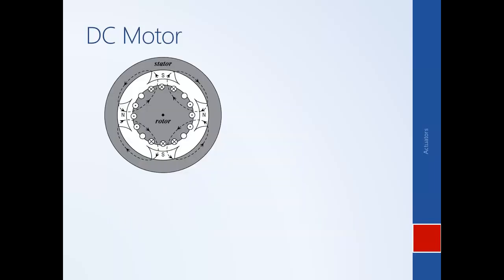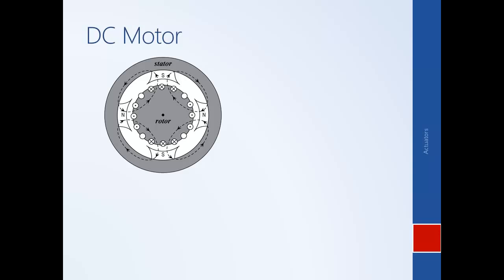So in the previous example, we had a very simple schematic of a DC motor, just to try and give you a sense of the underlying physical principles that make the DC motor work. This picture shows a more realistic version of a DC motor, how one might actually look in practice.